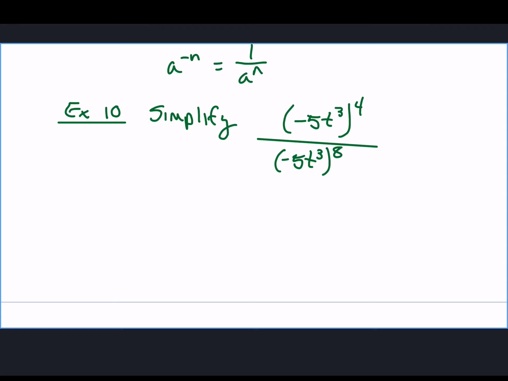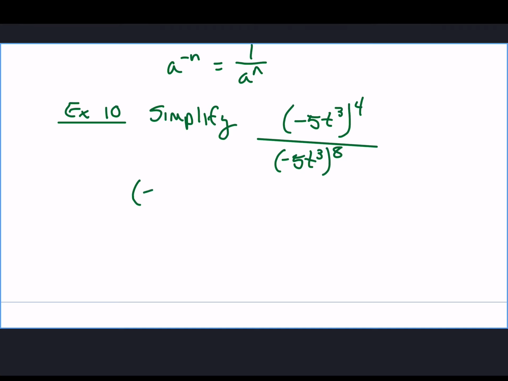Well, we really don't have any way to deal with it other than that. Because we don't have what's called the power of a product rule, which is the next thing we talk about, the only way we can deal with this is to say that this is just a number. We don't know what it is. But this is something that's non-zero, and we have these exponents, so we can subtract them, right?